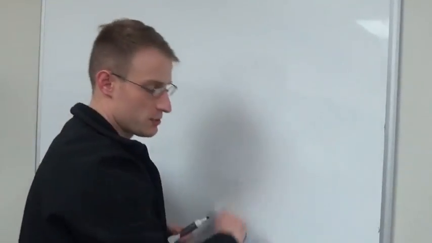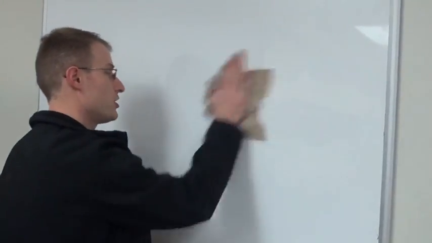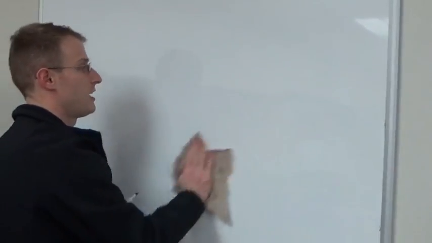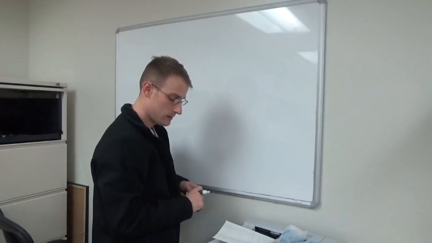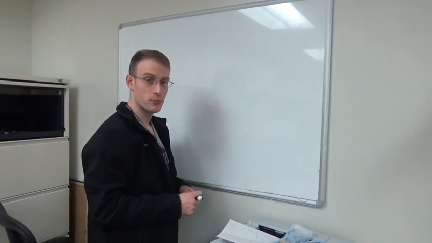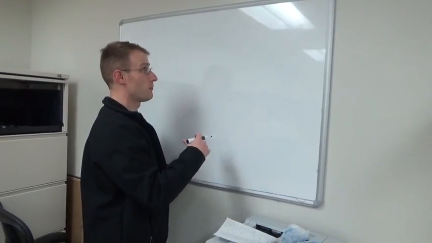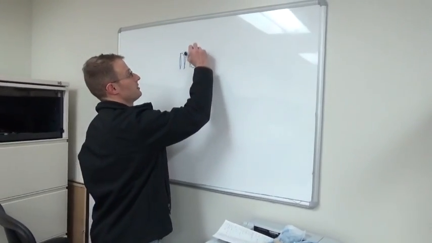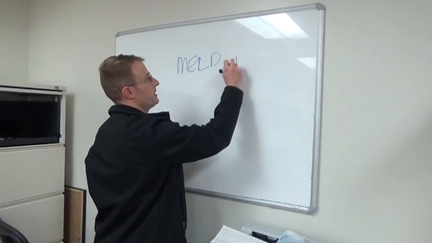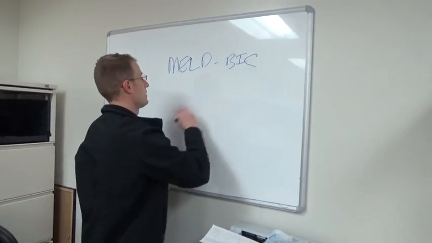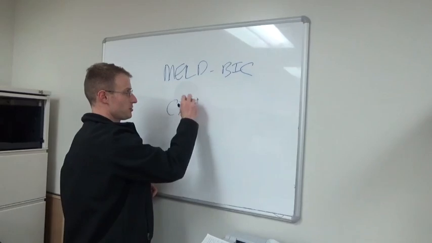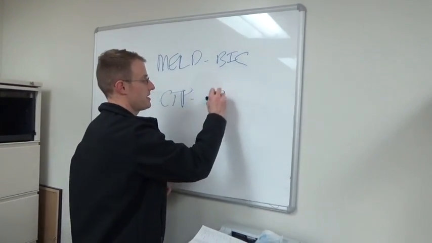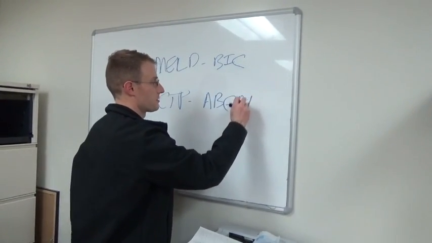Very quickly, in terms of gauging the severity of hepatic disease, the MELD score and the Child-Turcotte-Pugh score often see questions about what the components are. So MELD is BIC, and Child's Pugh is ABEAP.